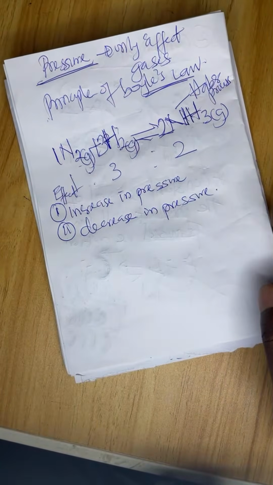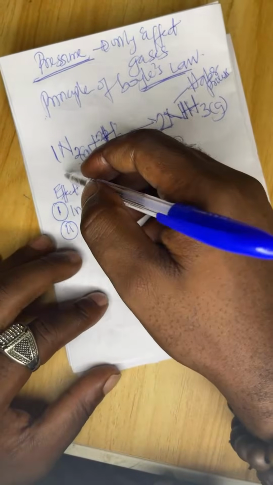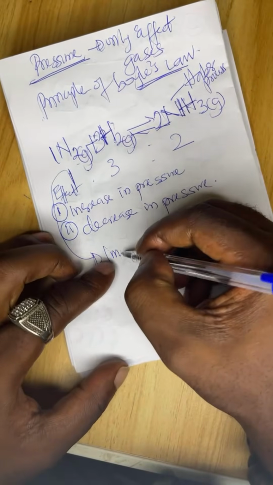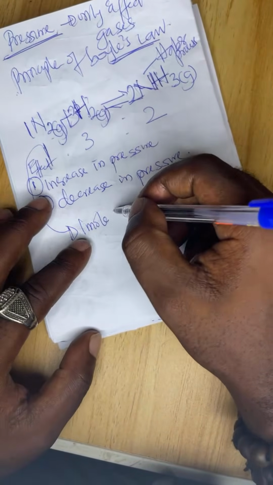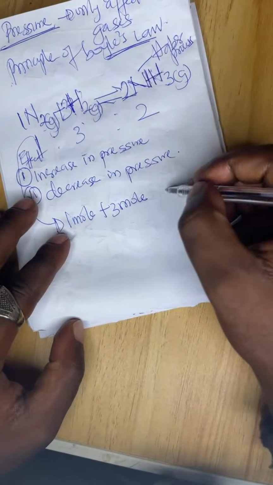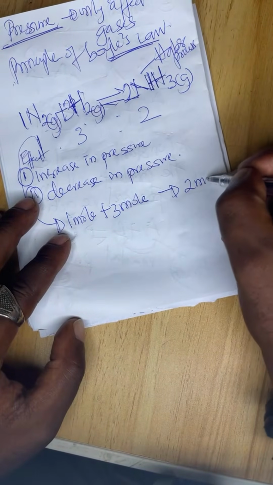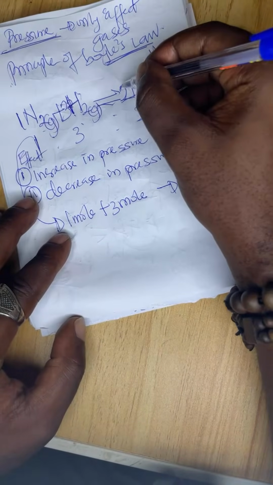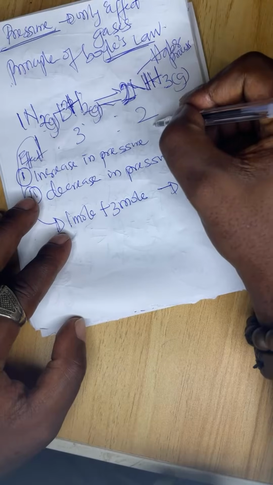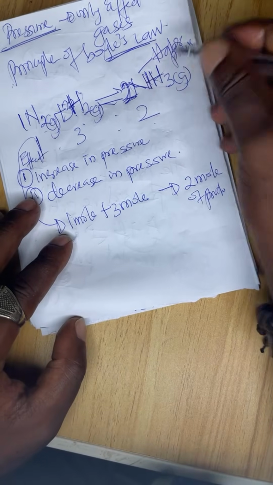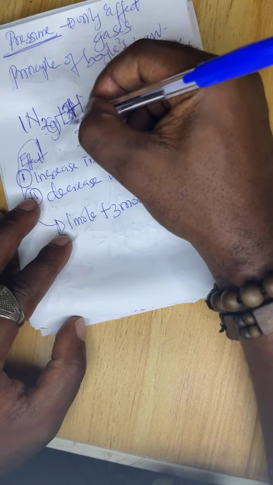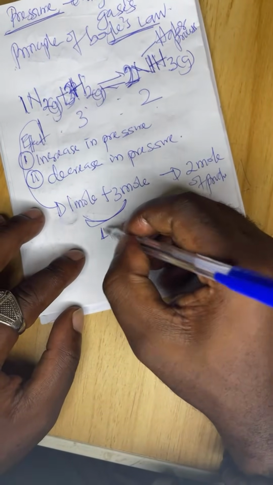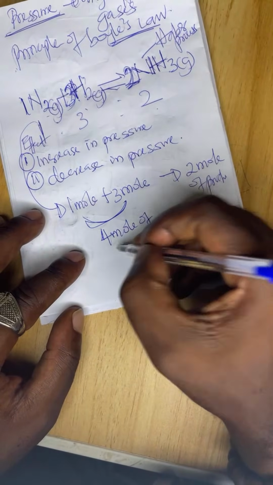Now look at this reaction. From this, what can you tell me? This is 1 mole of nitrogen plus 3 moles of hydrogen to give 2 moles of product. Haber process, yes, I've said it. So what is the total mole? 4 moles of reactant, and 2 moles of product.